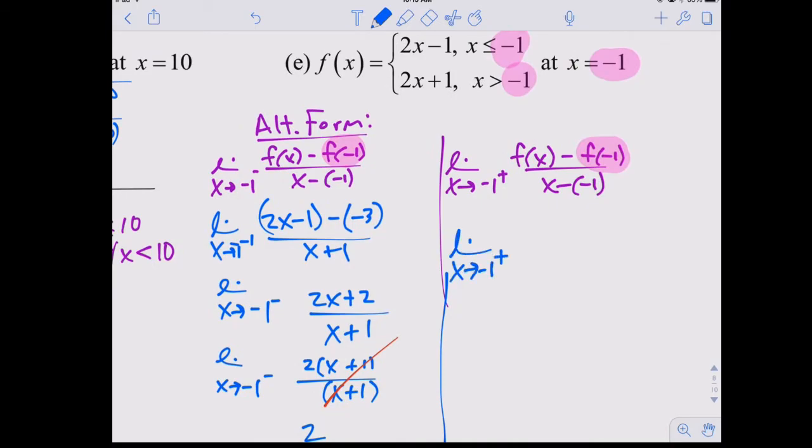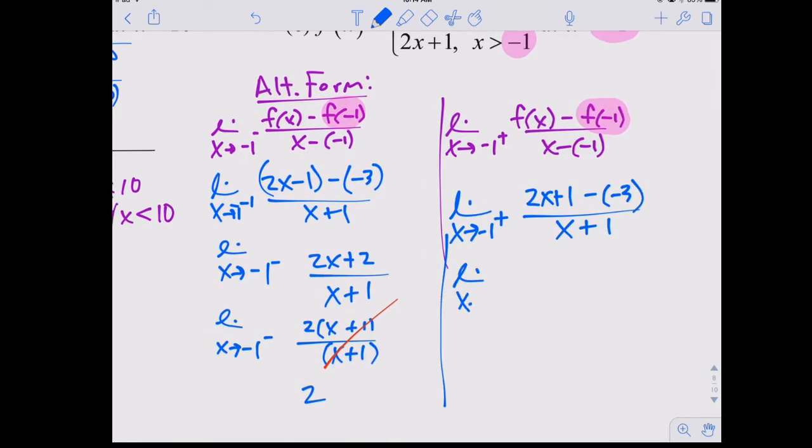So now we're approaching negative 1 from the right. Now from the right of negative 1 for the f of x, I have to use 2x plus 1, because that's the function that we're using to the right. But notice I still use f of negative 1, which is still negative 3. That stays the same, all over x plus 1.